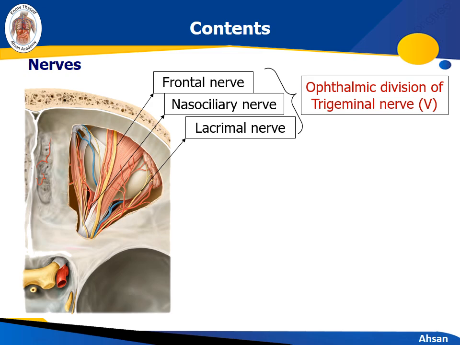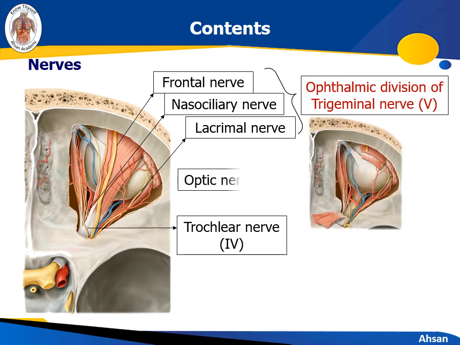All these three are branches of the ophthalmic division of the trigeminal nerve, which is the fifth cranial nerve. This one is the trochlear nerve, the fourth cranial nerve. We need to dissect a bit to see the optic nerve.